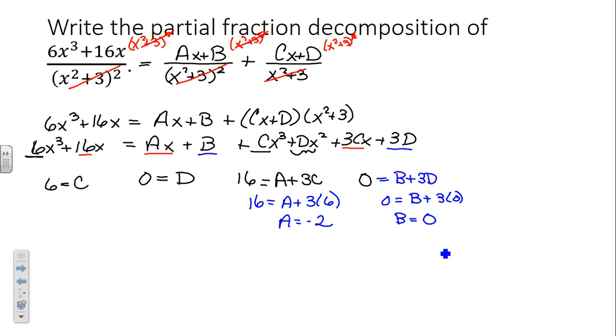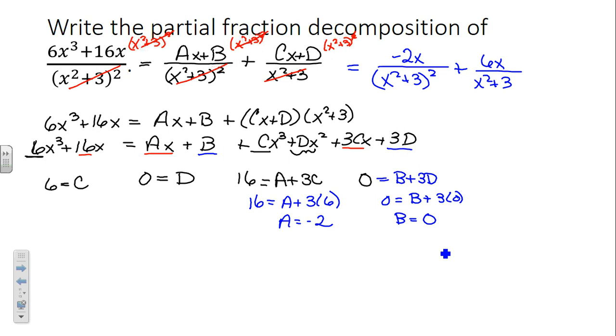This becomes -2x plus 0 over the x squared plus 3 squared plus our c we said was 6, so 6x plus 0 over x squared plus 3. There it is. Clever. Magical. And so if we found a common denominator here and simplified, we should get this back.